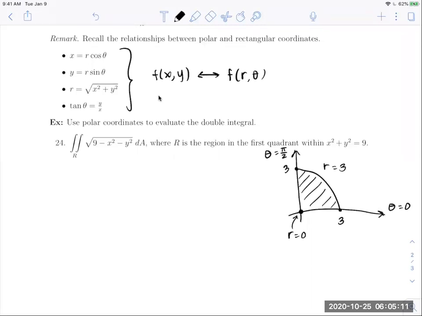And now let's go ahead and set up our double integral. I'll come back to those limits of integration, but first what I see is the square root of 9 minus, if you factor out a negative, an x squared plus y squared. So I'm going to use the fact that r is the square root of x squared plus y squared, and I can replace that with an r squared.